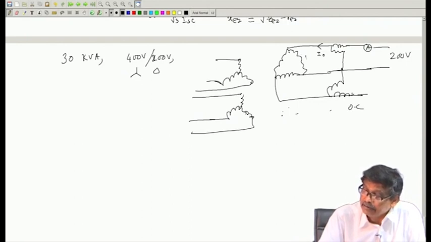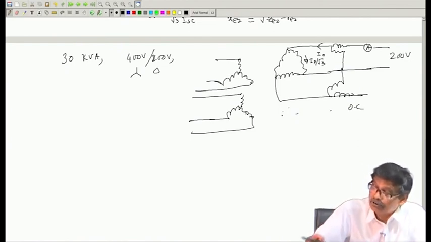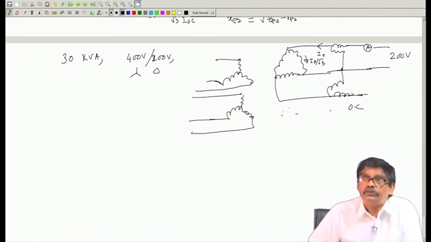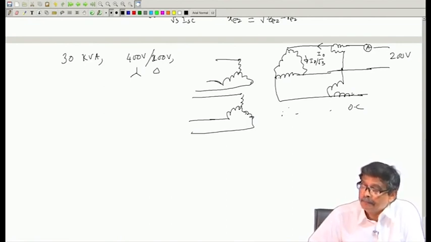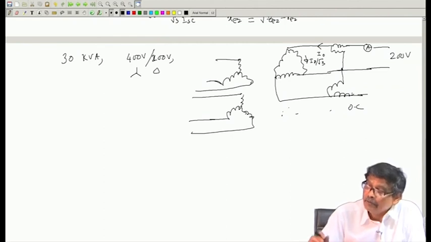I will say this is I naught by root 3. If it is delta connection, I know that, so through the winding I naught by root 3 is going. Okay. The total wattmeter reading during the open circuit test will be the sum of the core losses of all the 3 phases.